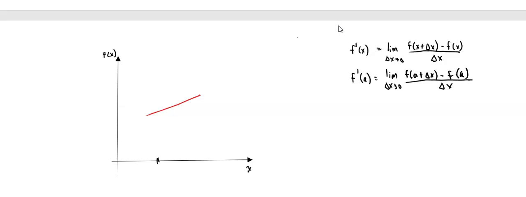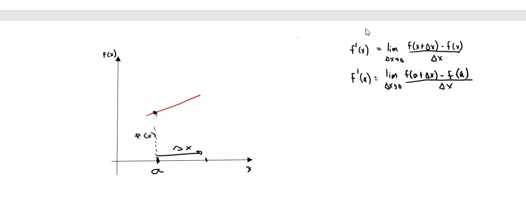So for some input value a, we get an output value of f of a. Now, what happens in calculus is we change that input quantity by some amount called delta x. Now, we know that that change in x is going to be something really small.